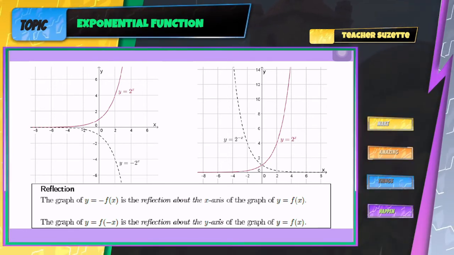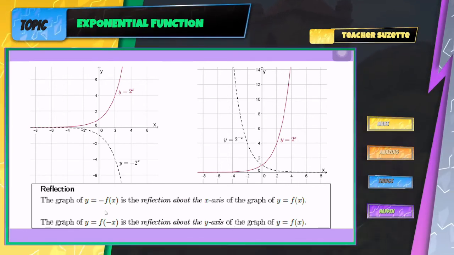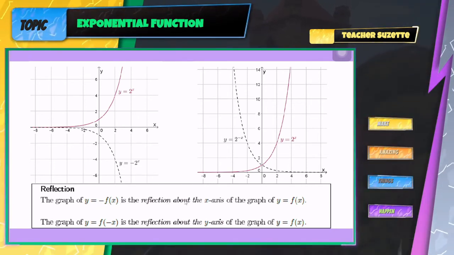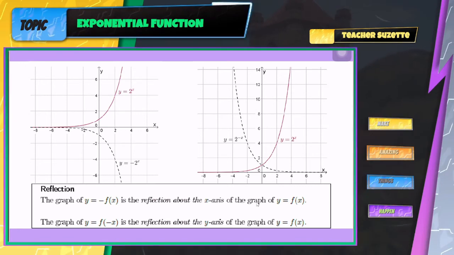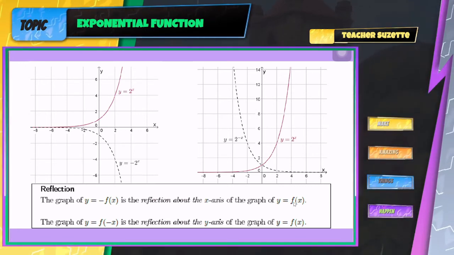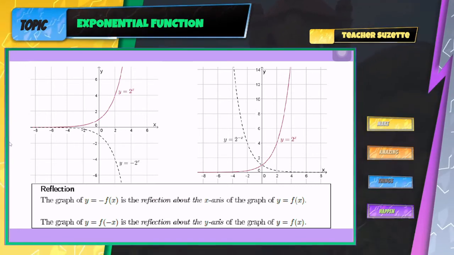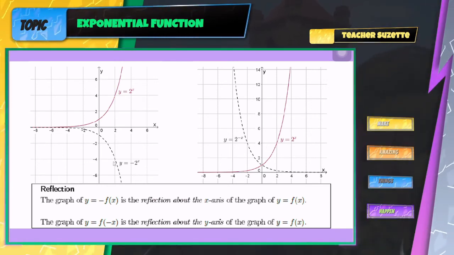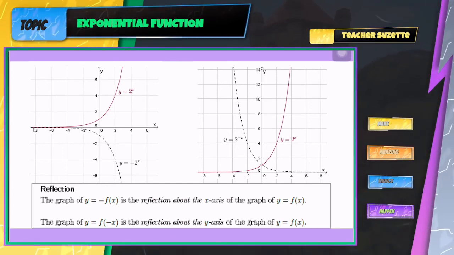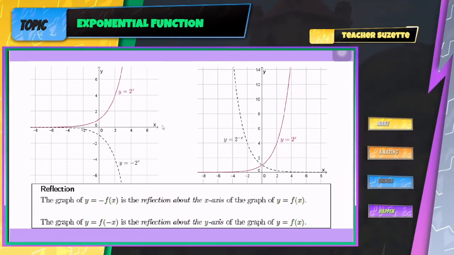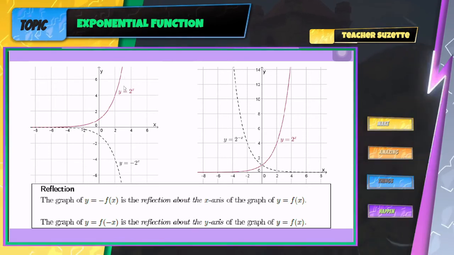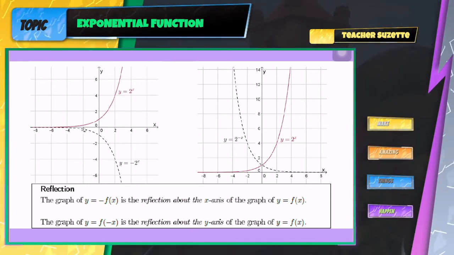So, we have the graph of y is equal to negative f of x, which is the reflection about the x-axis of the graph of y is equal to f of x. Itong graph daw po natin ng y is equal to negative f of x is the reflection at our x-axis ng graph na y is equal to f of x.